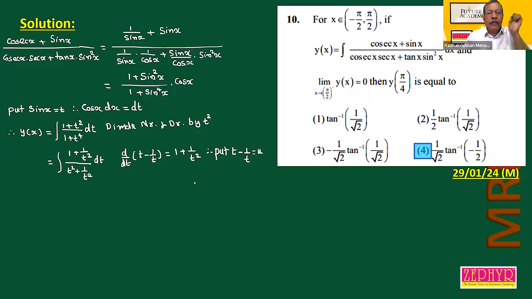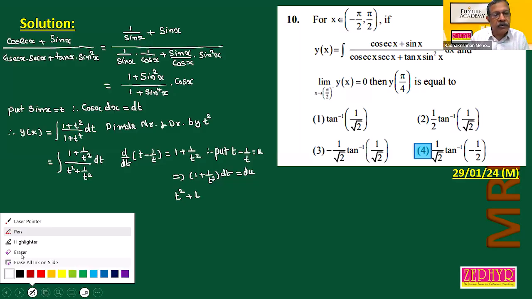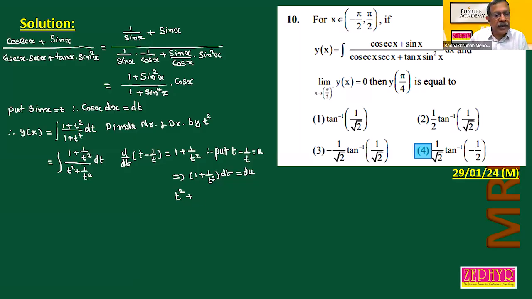Then the derivative gives du, which implies 1 plus 1 by t squared dt, the numerator, will be du. What about the denominator, t squared plus 1 by t squared? That also you should be able to express in terms of u.